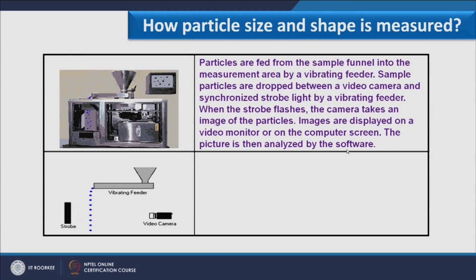When the strobe flashes, the camera takes an image of the particle, and this image is displayed on the associated computer and analyzed by the software. This image reflected on the computer screen is the picture taken by the video camera. After a short interval, these images continuously come in and we can analyze them.